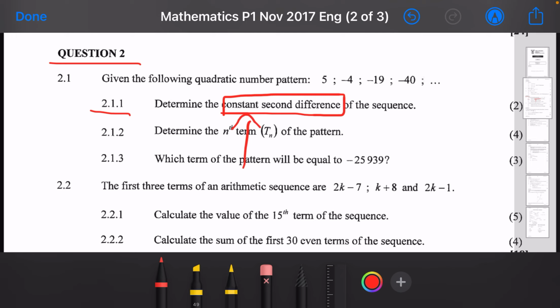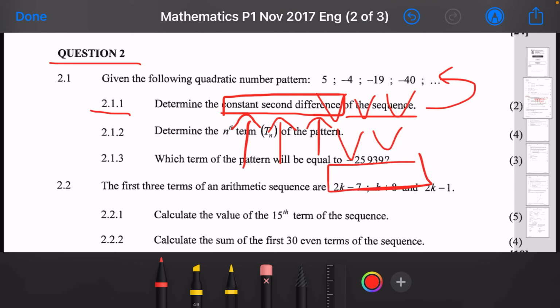What I normally advise my learners is that in most cases when you're given 4 terms, it is most likely to be a quadratic pattern. But if only 3 terms are given, it is most likely to be either geometric or arithmetic, because you only need to perform 2 calculations to check if you've got a common ratio or common difference.